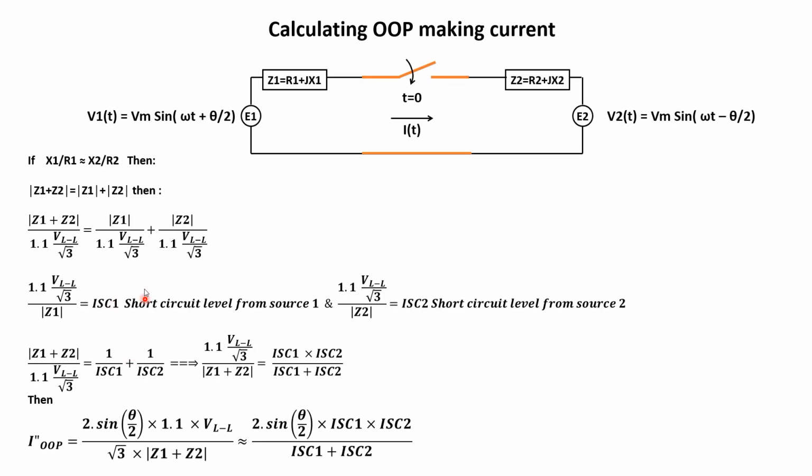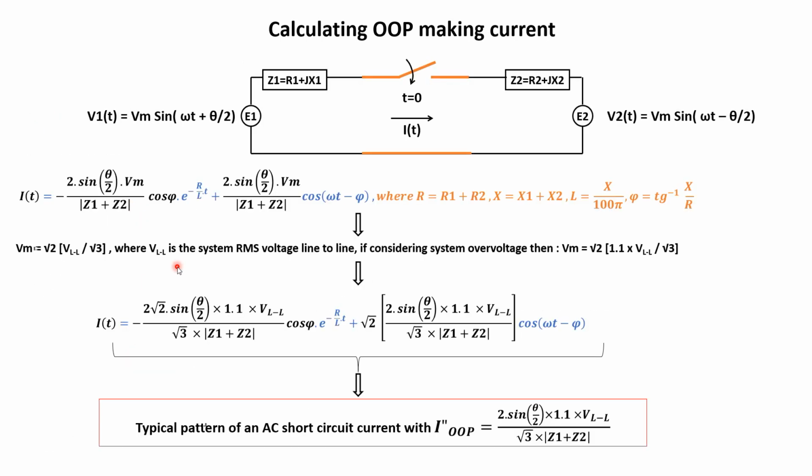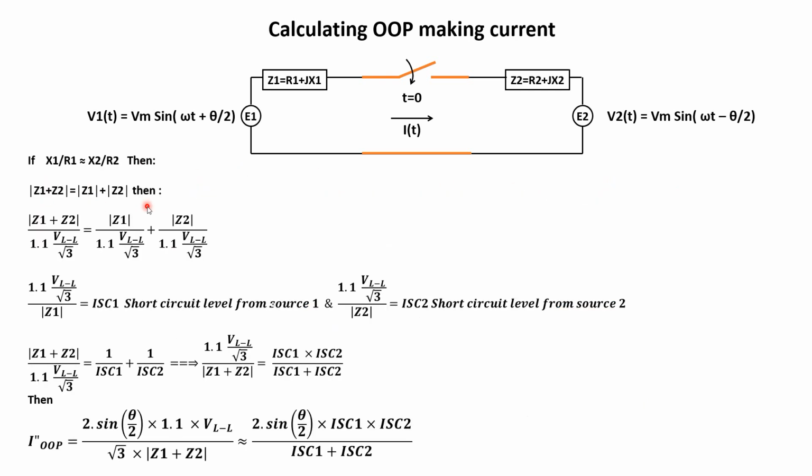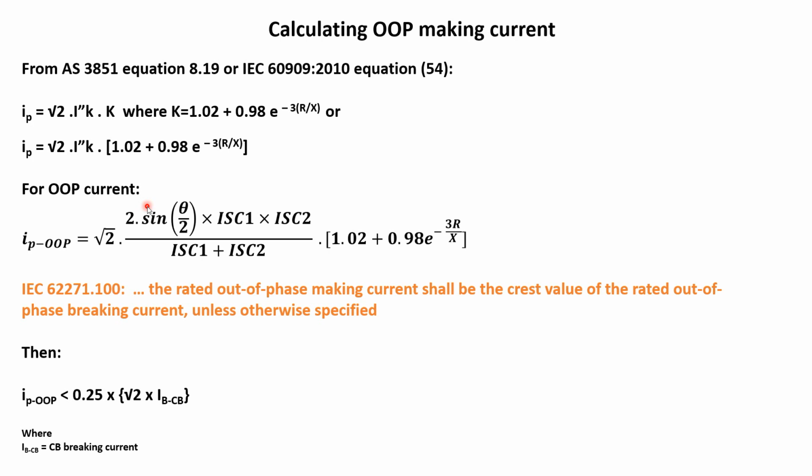It's a very famous equation. One thing, I don't want to draw that equation, although now we have everything in it. We could draw it and find the peak value. But I want to keep to the standard approach, which normally uses a bit more conservative equations. There is a very famous equation for calculating I peak from the short circuit current. If you know the I short circuit, multiply it by the square root of 2, multiplied by the K factor.